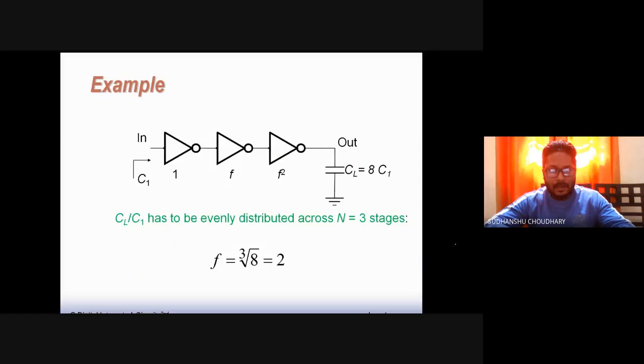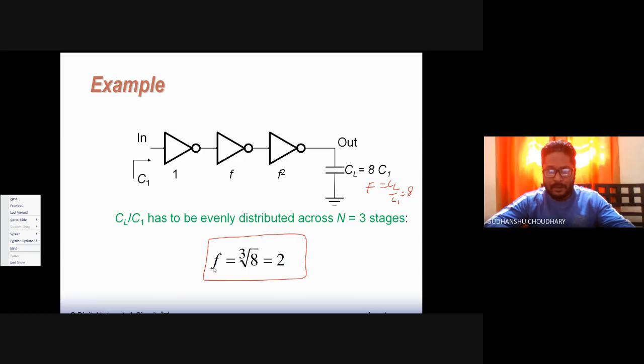If I use this formula, f is the nth root of F, and F is CL by C1, the total fan out, which is equal to 8, already given to me here. And f, the small f, the sizing factor, is equal to the nth root, where n is the number of stages, that is 3. So small f, the sizing factor, comes out to be equal to 2.